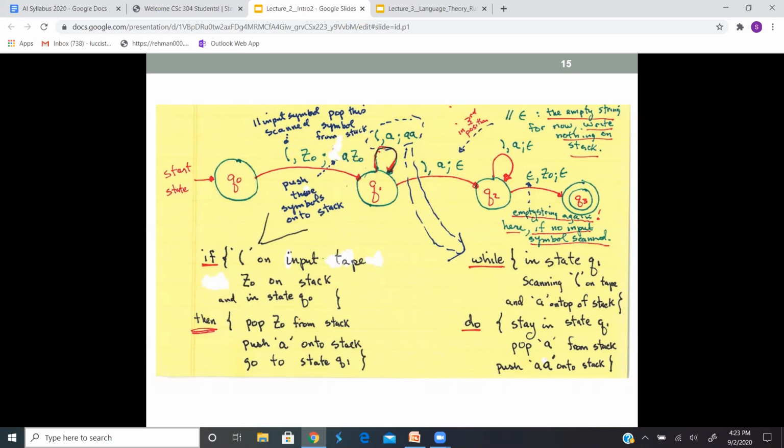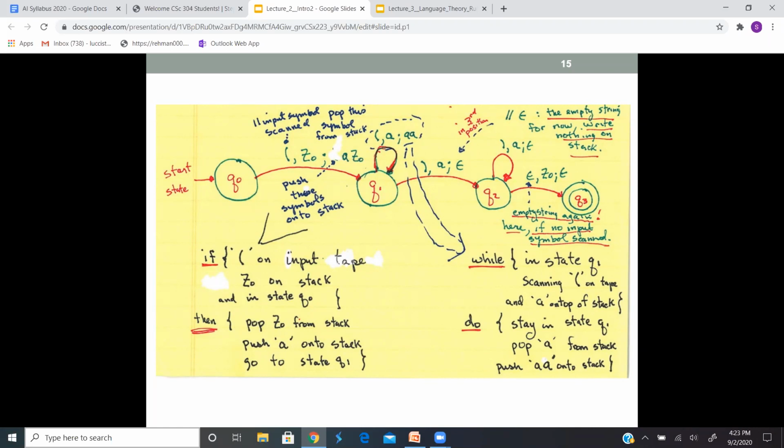That's too fancy. I don't know if that's precise enough, though. It's to stand for the fact that you saw a left paren. You saw a left paren. How are you going to remember it? You're not changing states. What you're doing now is you're putting an A on the stack to remember that there was a left parenthesis.